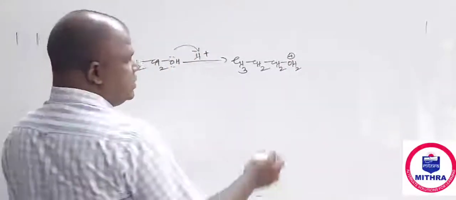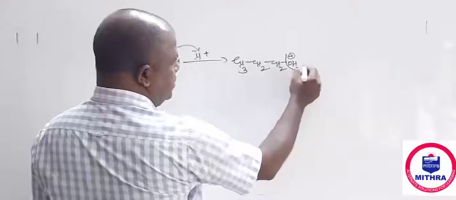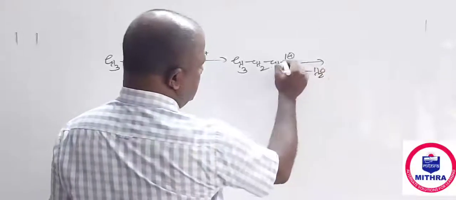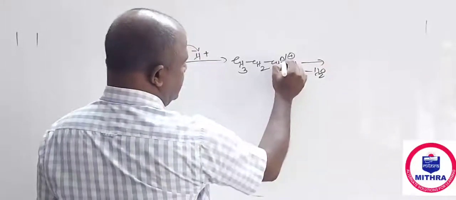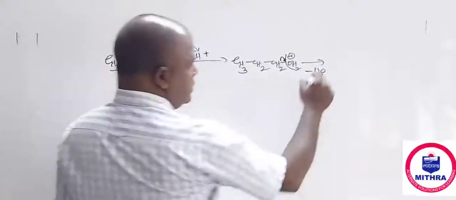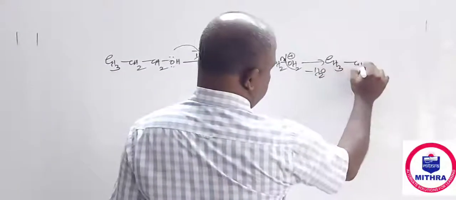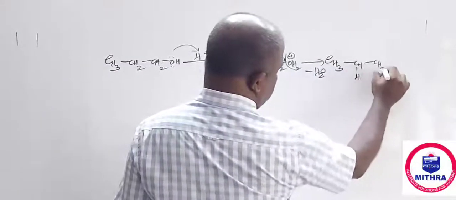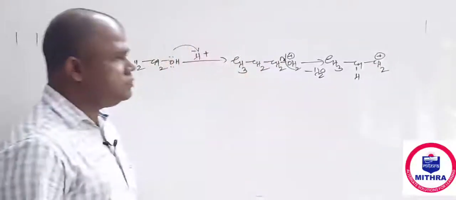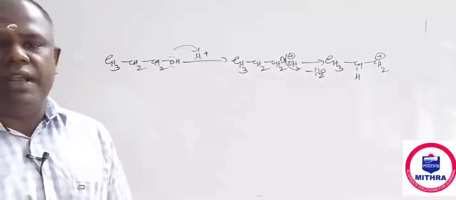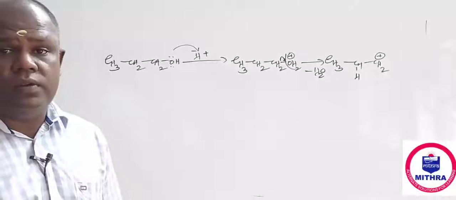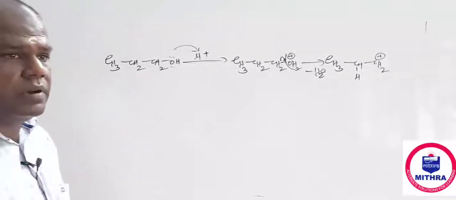Okay. So this OH2 plus is removed as water. The bond is shifted here, so that you are getting a cation, CH3, CH2, CH2 plus. Agree? That is a primary carbocation. So actually a rearrangement happens.